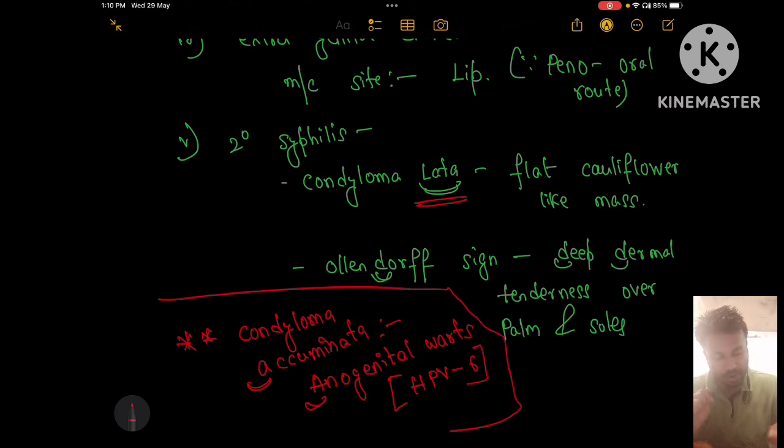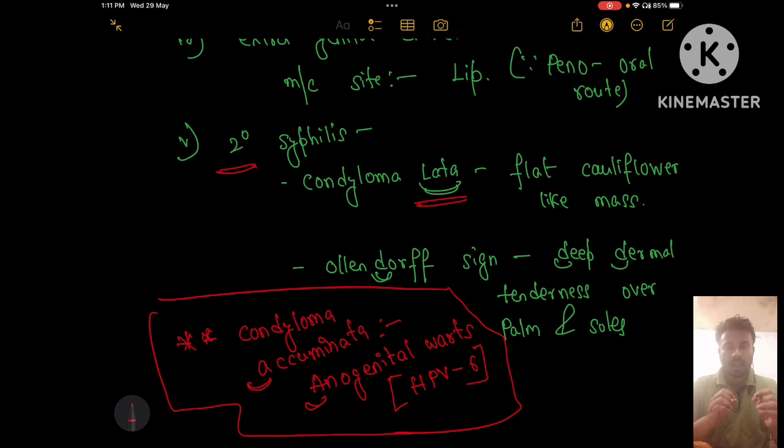It is an important MCQ: condyloma lata is seen in secondary syphilis, and condyloma acuminata is anogenital warts.